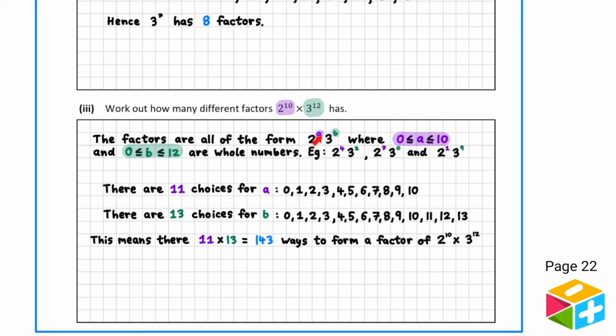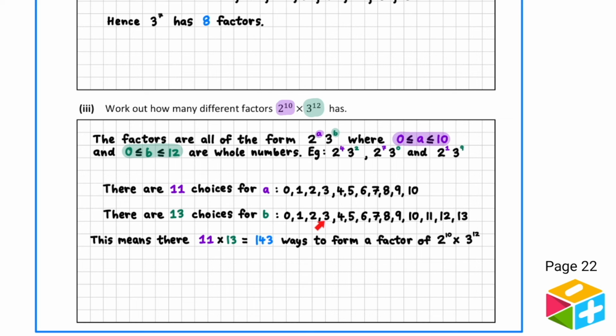Well, a, the number that's in the power of the 2, must be a whole number between 0 and 10. So there's 11 choices for a. 0, 1, 2, 3, 4, 5, 6, 7, 8, 9, 10. B, the number in the power of the 3, must be a whole number between 0 and 12. There's 13 choices here.